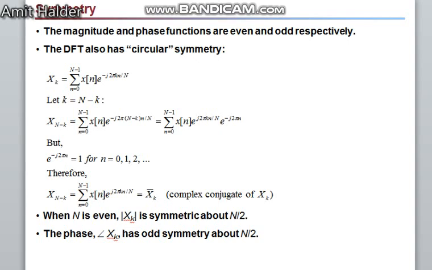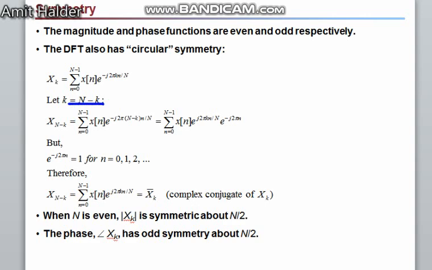The DFT also has circular symmetry. In a later part of the lecture, we will know how the circular DFT could be calculated. As you can say, it is circular DFT. They have used just n minus k to make it circular. That means periodic.